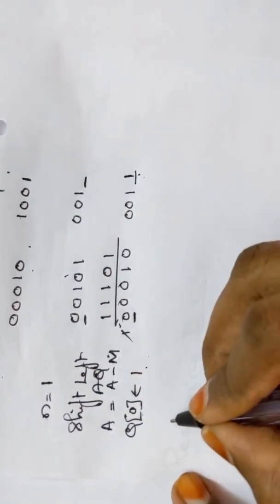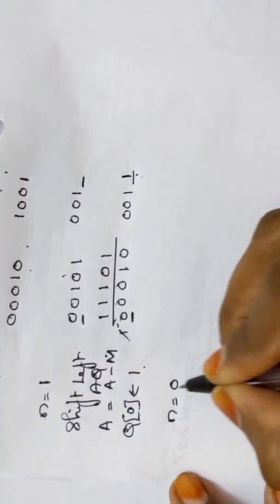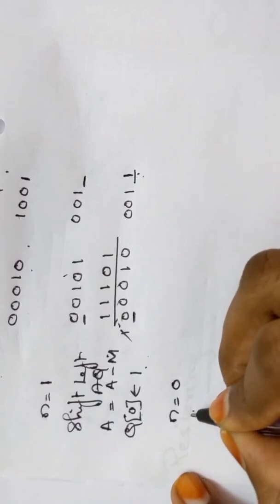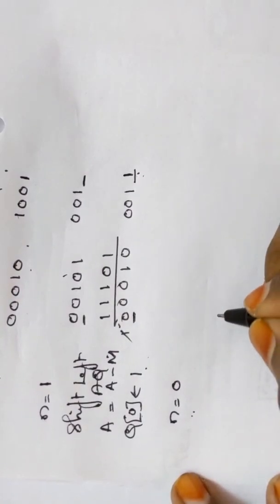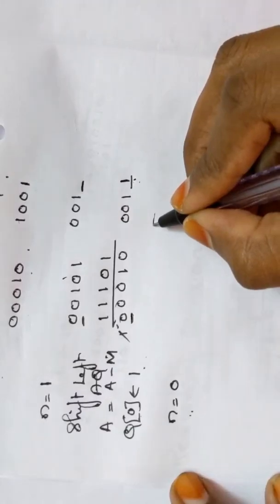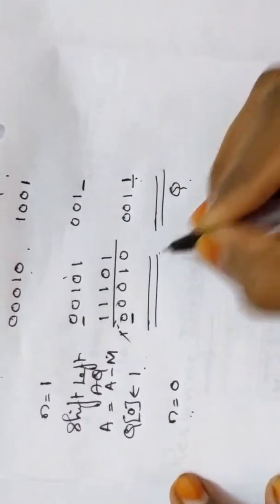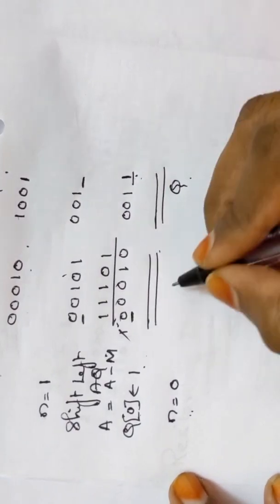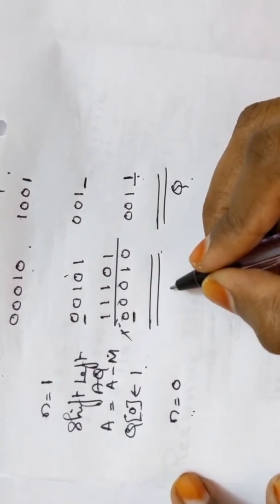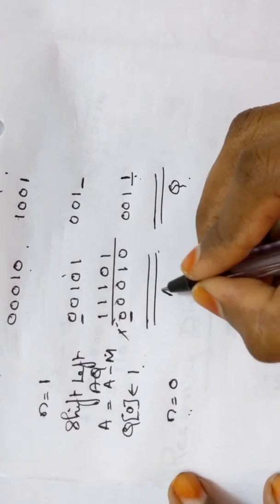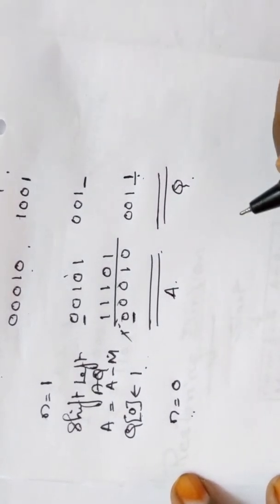Now decrement the value of n, and now n is equal to 0, which means it reached the end of the cycle. Quotient will be obtained in the Q register, and remainder will be obtained in the A register.